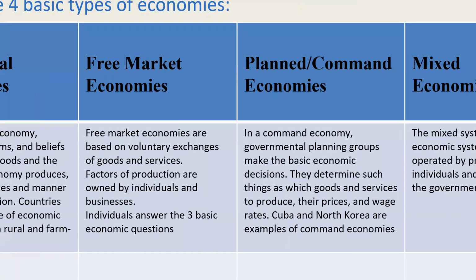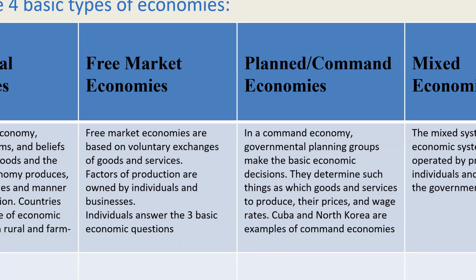Then we have the planned or the command economies, where government alone makes all the decisions in the economy. While in the free market anybody is free to do whatever they want, with no intervention by the government, with the planned economy we have government intervention.